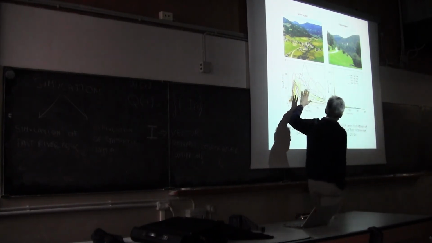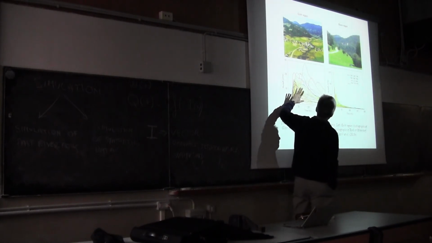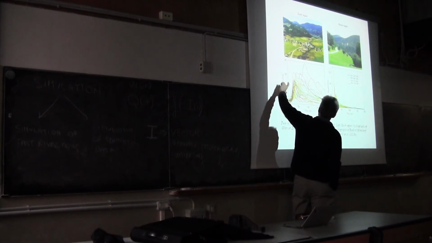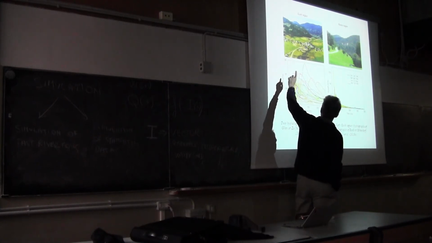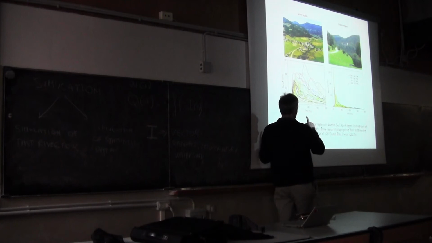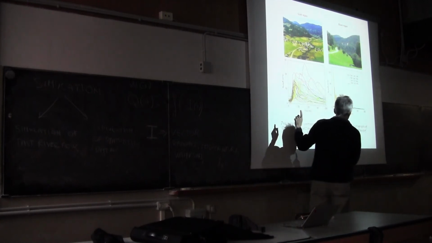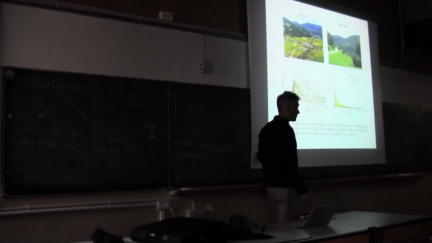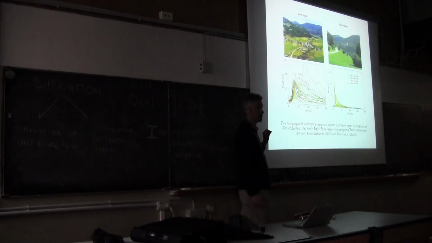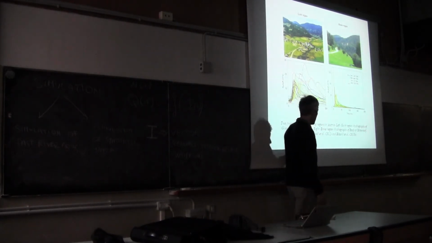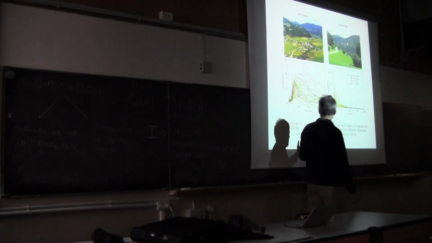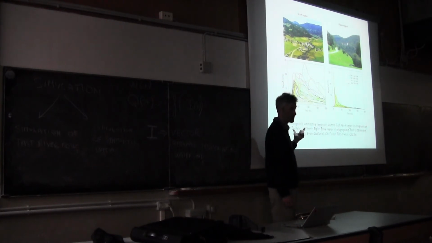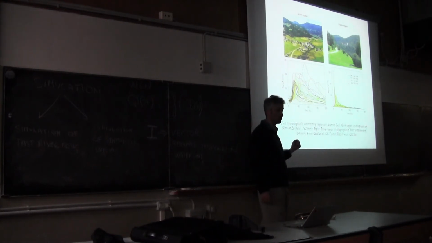Have a look not only at the river flow, but also the shape of the hydrograph. Let's note that on the left we have a basin, a watershed, that extends for 432 square kilometers. On the right we have a basin that is less extended, less than half the extension.